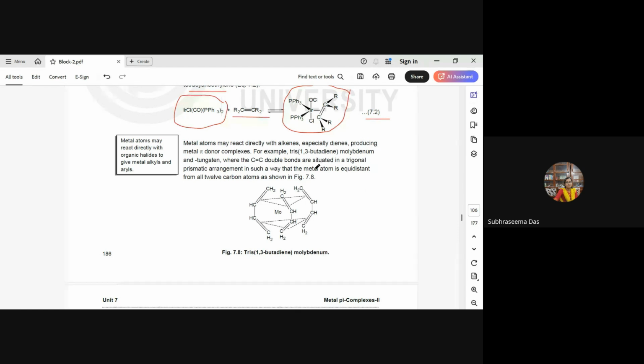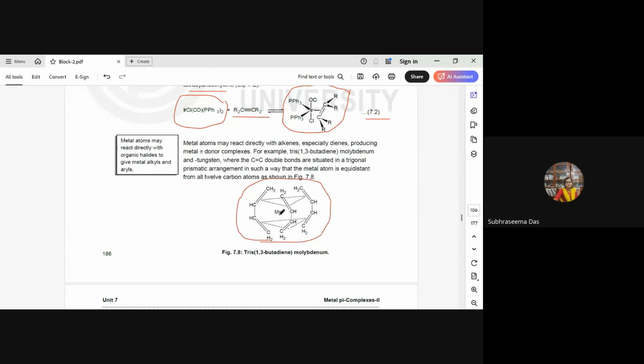For example, the tris(1,3-butadiene) molybdenum and tungsten, where the CC double bonds are situated in a trigonal prismatic arrangement in such a way that the metal atom is equidistant from all the 12 carbons, that is shown here. So here this is a tris(1,3-butadiene) molybdenum complex.